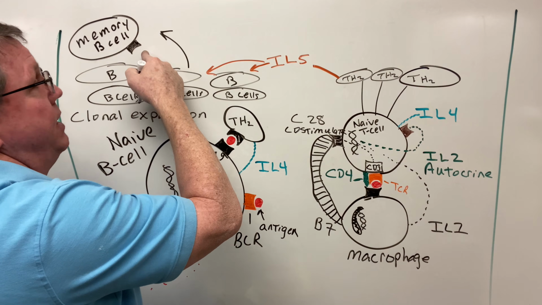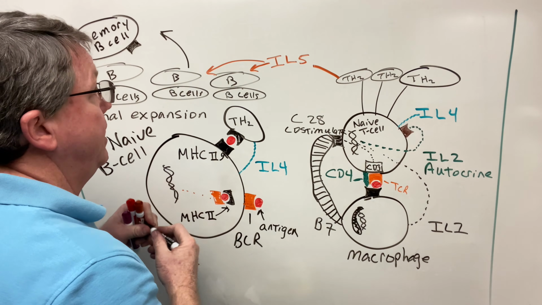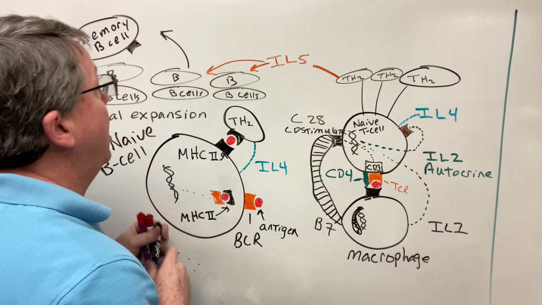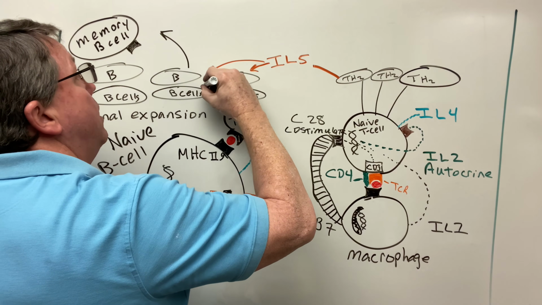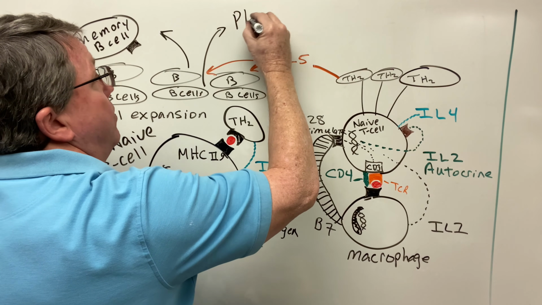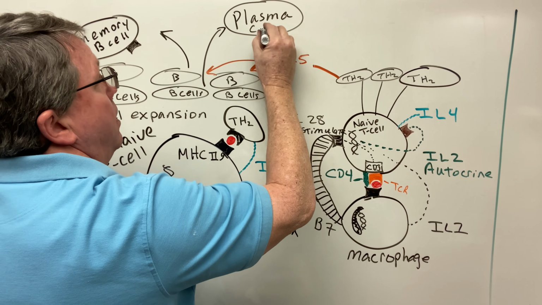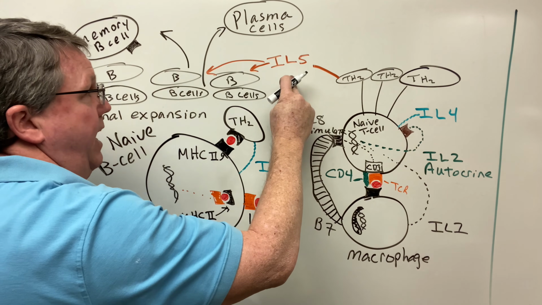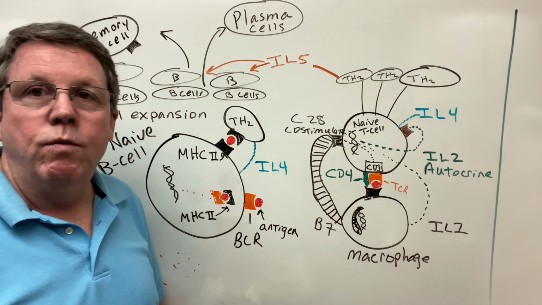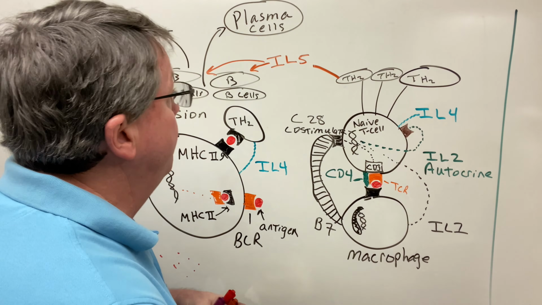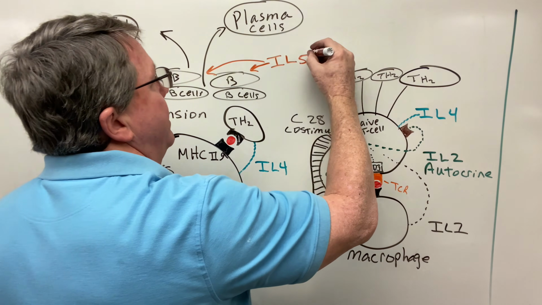It can make memory B cells, or what it can do, it can cause these to go on to become plasma cells. All right, that's the interleukin 5. Now, what interleukin 5 is also going to do is, I only drew one, but you've got to realize it's making a line.